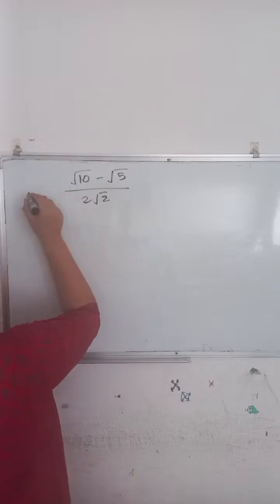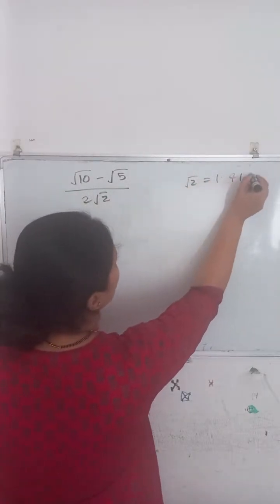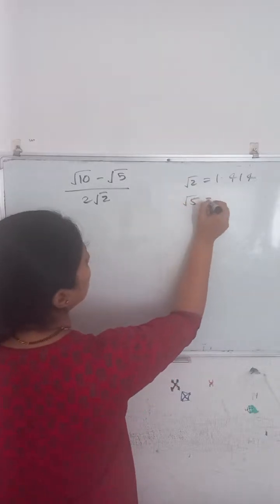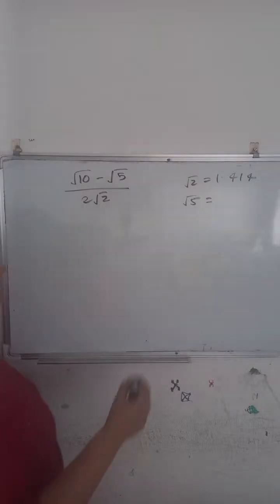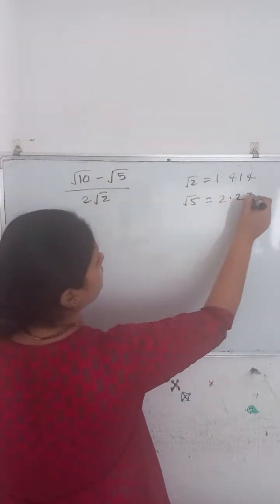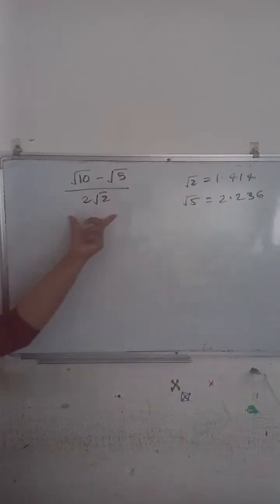Here the value of root 2 is given as 1.414 and root 5 as 2.236. These are the values given, and they are asking us to find the value of this expression.